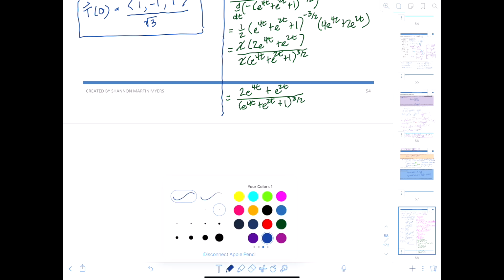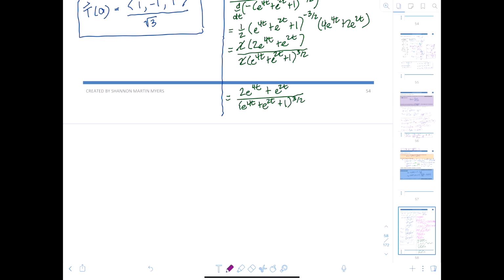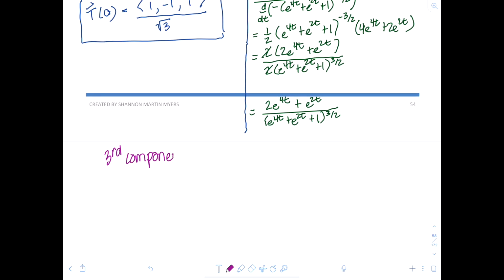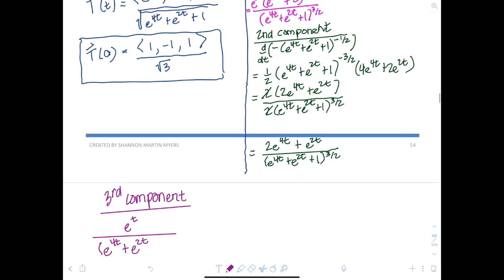We'll do this color. So third component: e to the t over e to the 4t plus e to the 2t plus 1 to the 1/2.